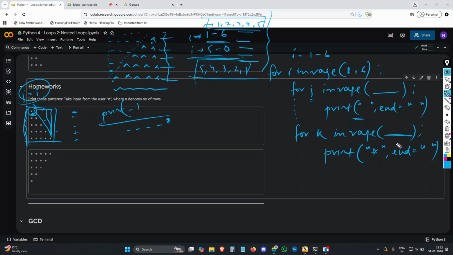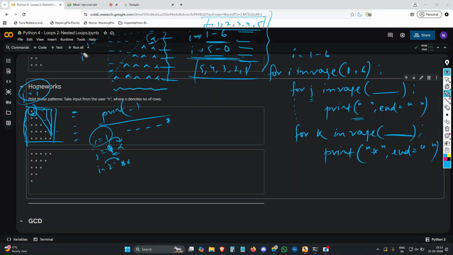If my I is one, my K is becoming one, right? For I equals to 1, J was printing 1 star. For I equals to 2, J was printing 2 stars.